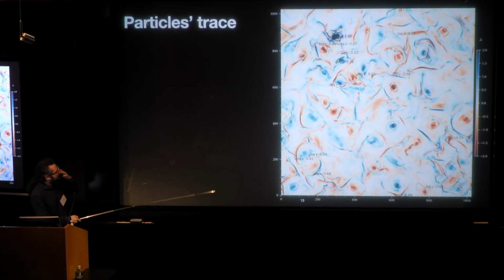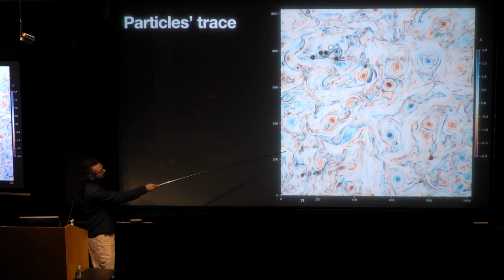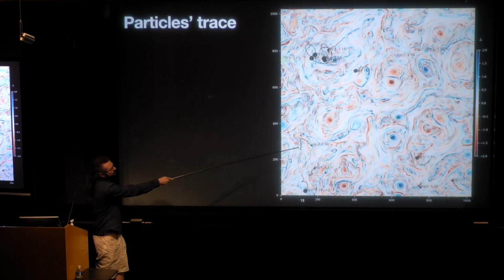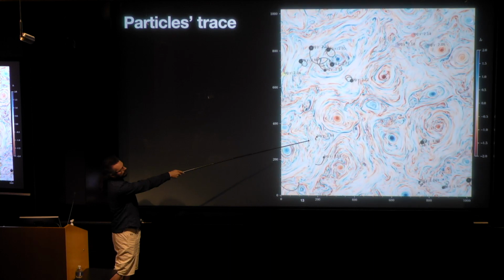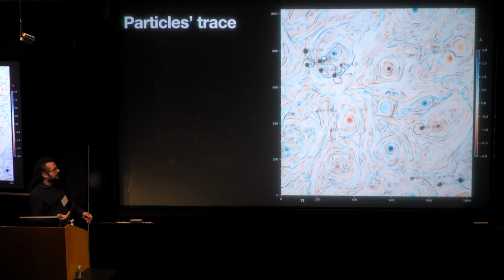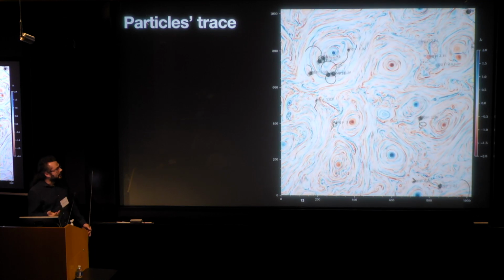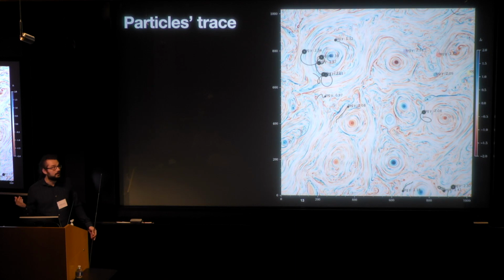Let's look at some other particle. For example, this one. This goes in some direction, then it goes in different directions. Then it also travels in this direction. So this is the acceleration the particle undergoes while interacting with different structures of different scales in the turbulent plasma.